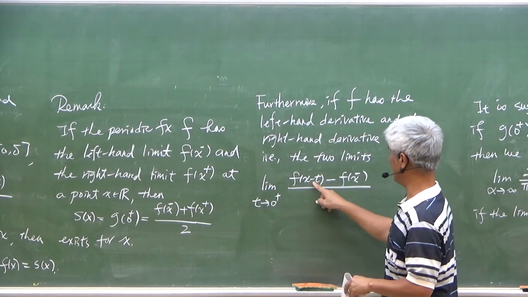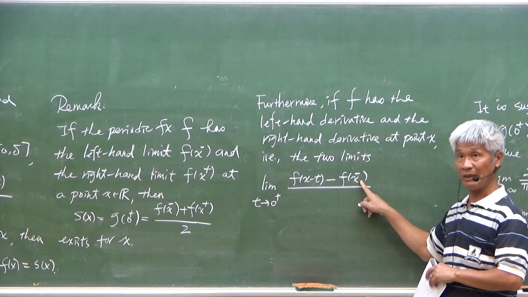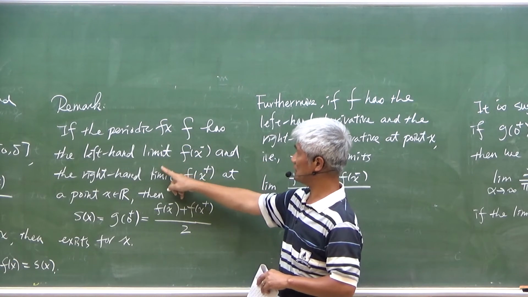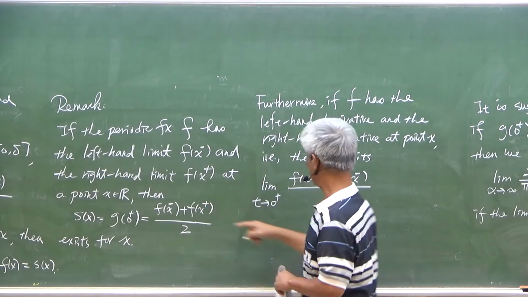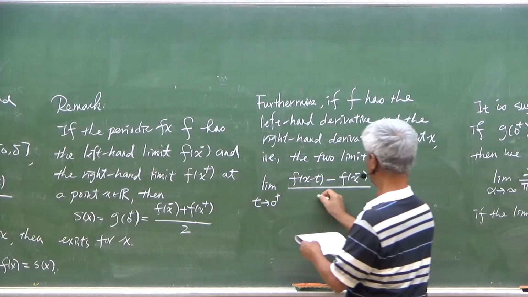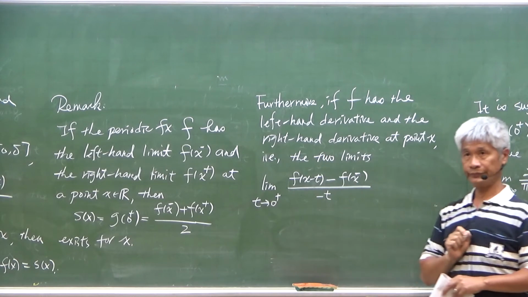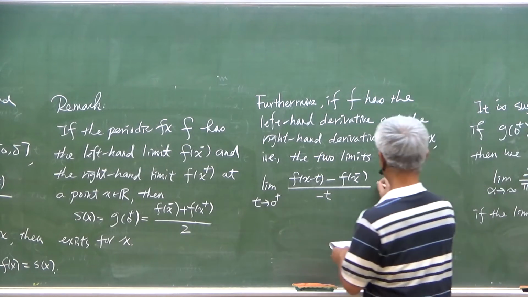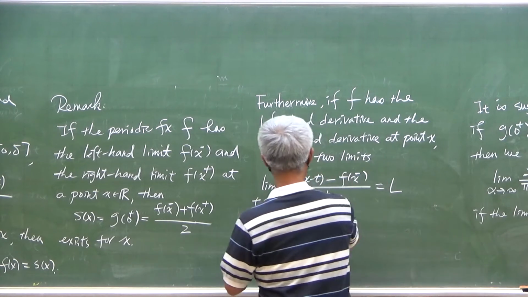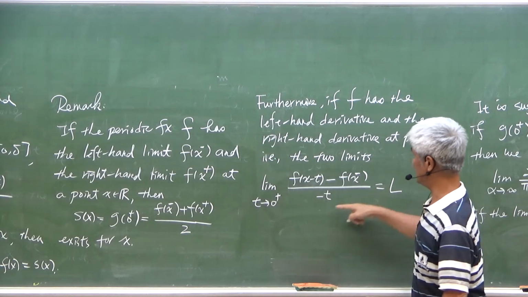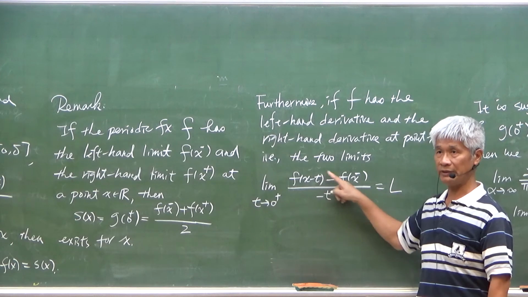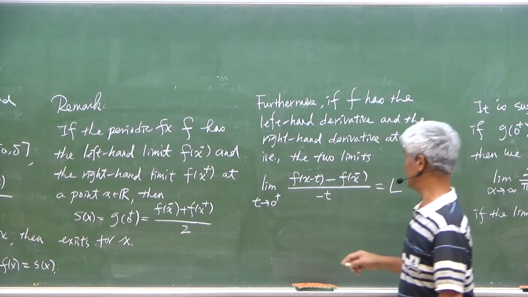So this is the function value minus the left-hand limit, because we assume the periodic function has the left-hand limit as well as the right-hand limit. The difference is minus t minus 0, so we have to divide by minus t. Now if this limit exists, we call it the left-hand derivative. This is the definition of the left-hand derivative.